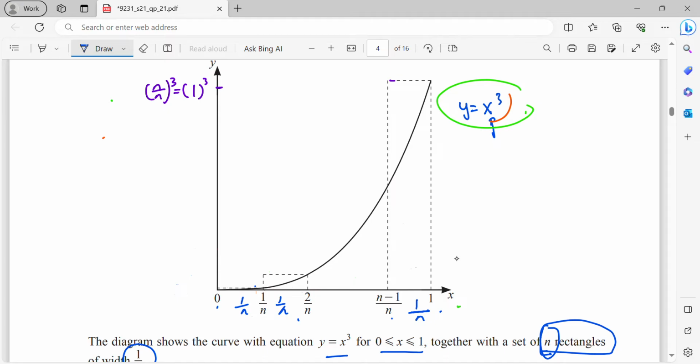Okay, so first ordinate means for the first rectangle is basically here. So it means that it is 0, right? No area. Then the second rectangle is using this ordinate, which means now my rectangle is here, whereby this height is 1 over n.